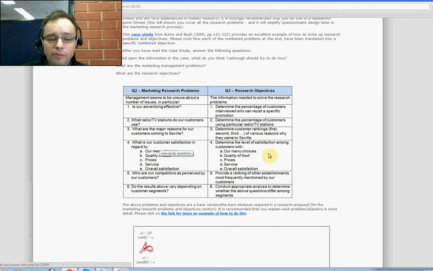Down the track, we won't worry too much about that now, but down the track you'll be designing a survey. So on a survey you could, for example, translate each of these research objectives into one or more questions. So when we want to collect information about the menu choices, you could ask a question like, on a scale from 1 to 7, how would you rank our menu choices? 1 being poor, 7 being excellent.